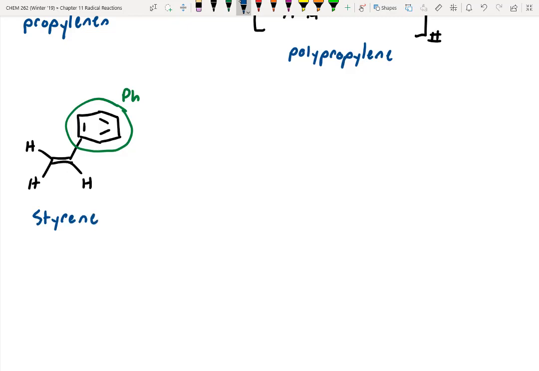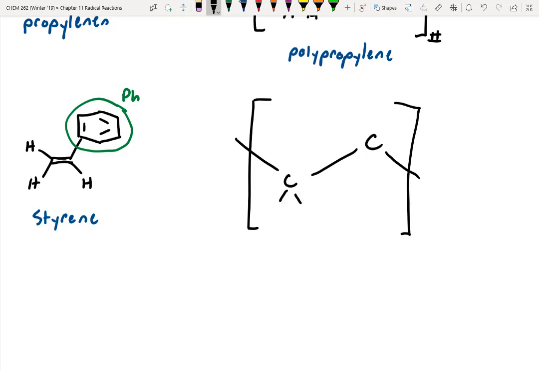So styrene's the monomer here. Just like before, we can show our giant long polymer where we have two hydrogens coming off the left, and then off the right we've got a hydrogen and a phenyl group repeating. This is called polystyrene.